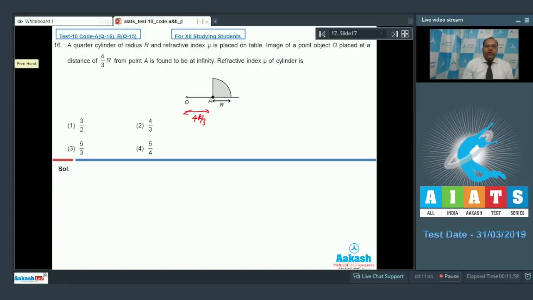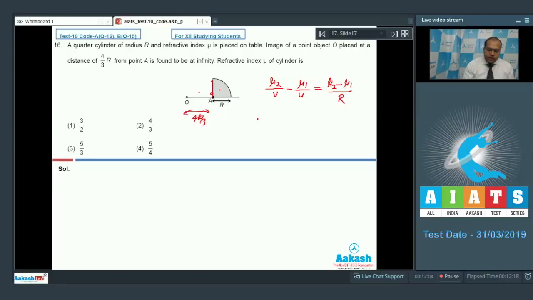If I apply the formula of refraction through a curved surface, then the formula is mu2 upon v minus mu1 upon u is equal to mu2 minus mu1 upon R. Let the rays be incident on the surface from this side, then mu1 is this medium, mu2 is this medium.